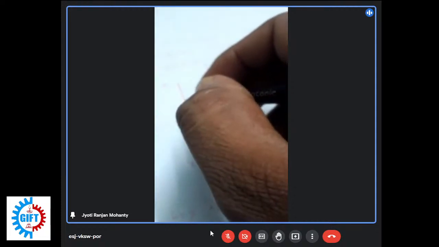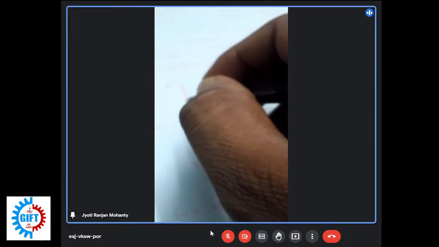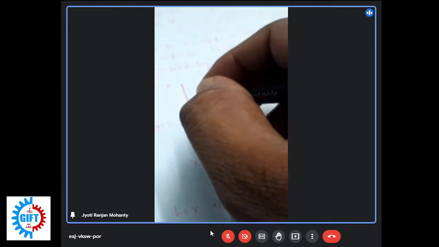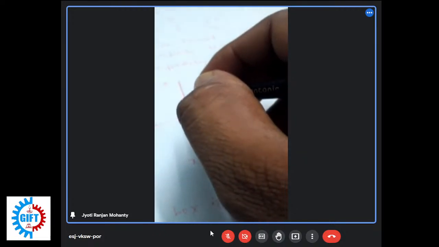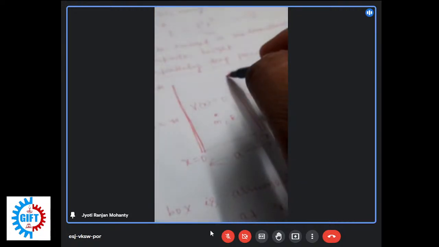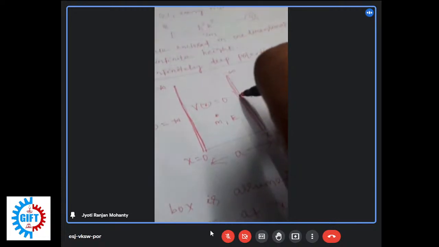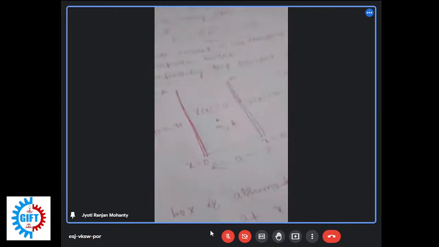So if x is equal to 0, that means the wave function vanishes. A wave function means the existence of the particle. Similarly, if you take x is equal to a, the particle does not exist. That means psi x is also 0.